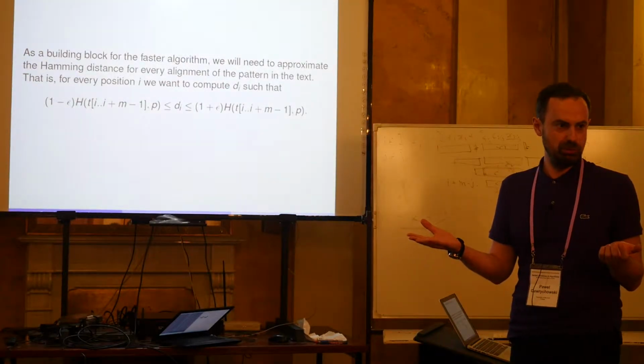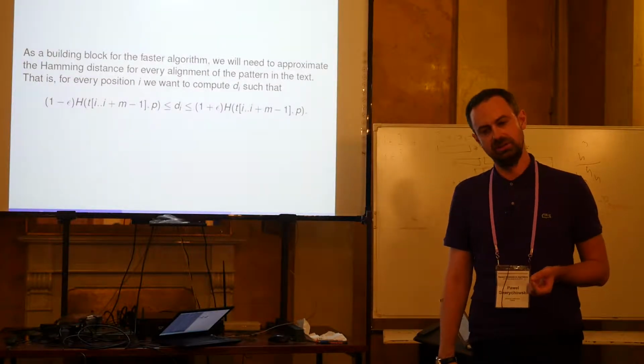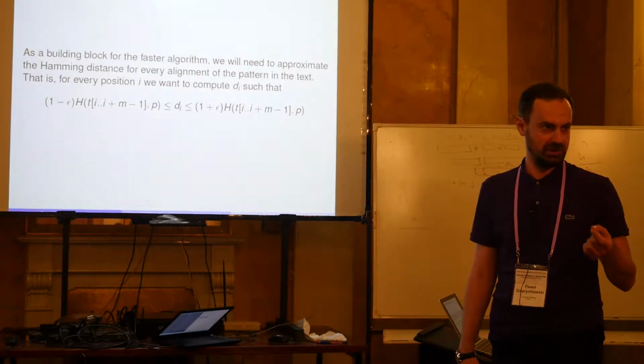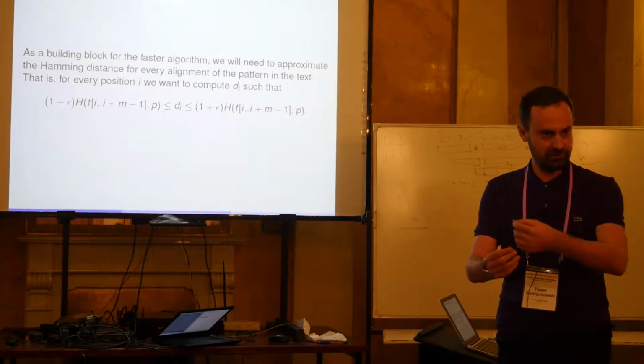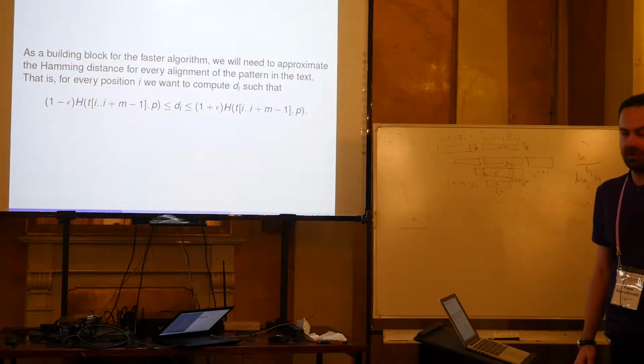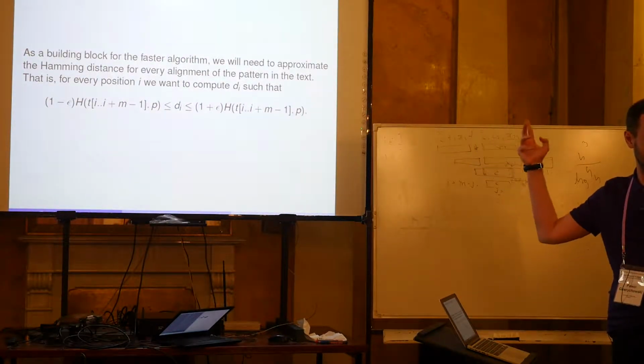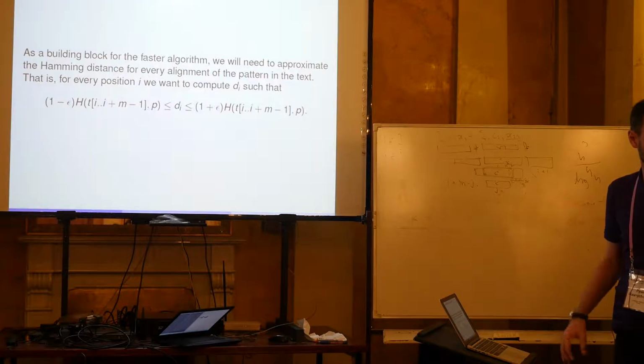If something is between 1 minus epsilon times the answer and at most the answer, you just divide your answer by 1 minus epsilon, and then you get the approximation from the other side. So it doesn't really matter. And if you could approximate from both sides, you could also multiply by something and get one-sided. So here it doesn't really matter that much.